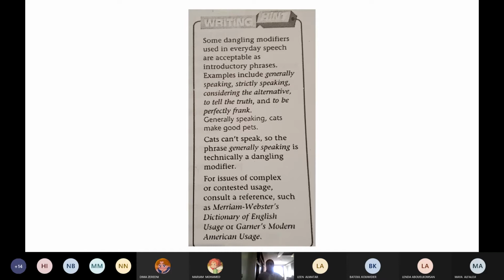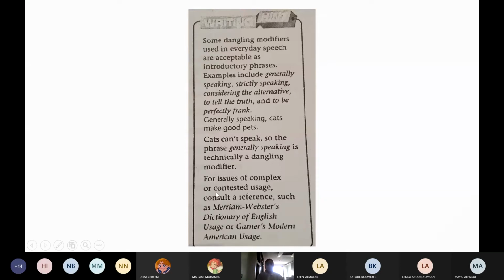It is like "however." It comes in the form of -ing, so it looks like a modifier, but it is an introductory phrase, like "to be honest," "to tell the truth," "to be perfectly frank," so it doesn't modify. Cats can't speak, so the phrase "generally speaking" is technically a dangling modifier, but for everyday speech it is acceptable.